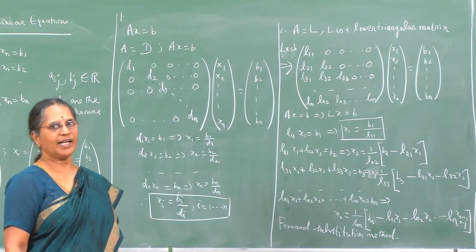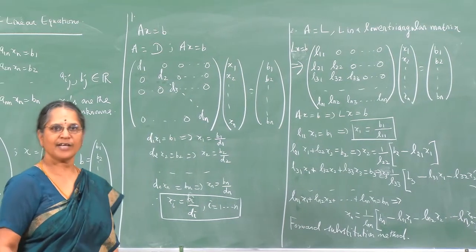So, let us now see what happens if A is an upper triangular matrix.